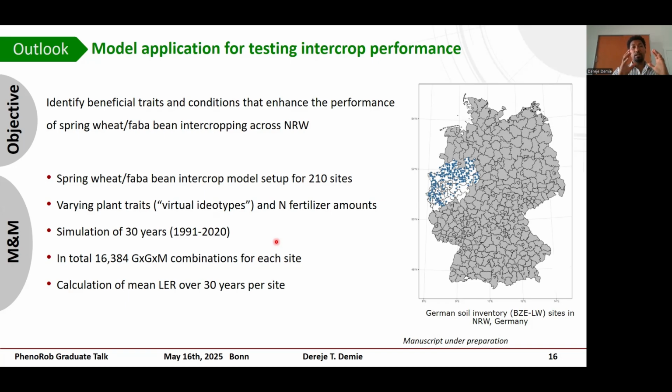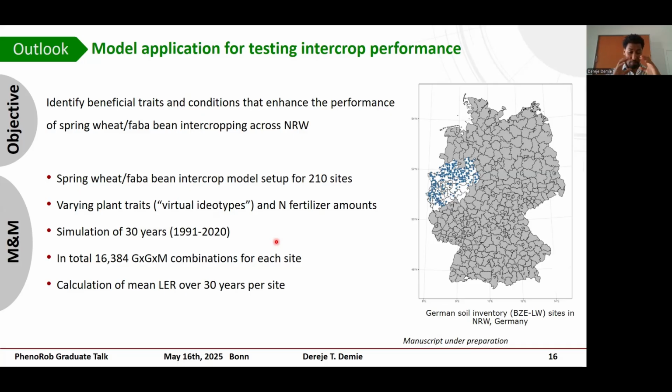Simply, it's like combining taller spring wheat with shorter faba bean, or shorter faba bean with taller spring wheat, or deep rooting spring wheat with shallow rooting faba bean, or shallow rooting spring wheat combined with deep rooting faba bean, and so on. And we simulated for 30 years from 1991 to 2020.